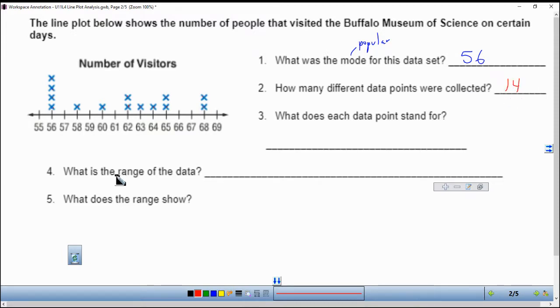What does each data point stand for? It looks like each day they determined how many visitors they had. So each X stands for a day the museum was open.